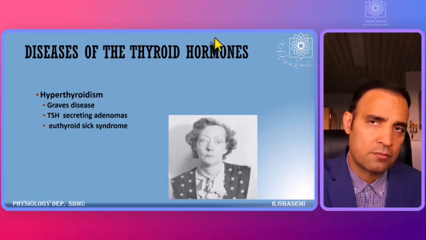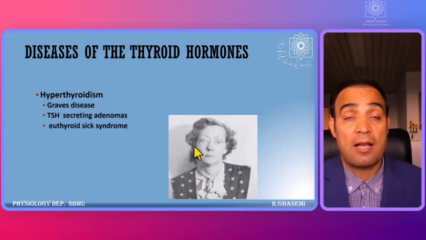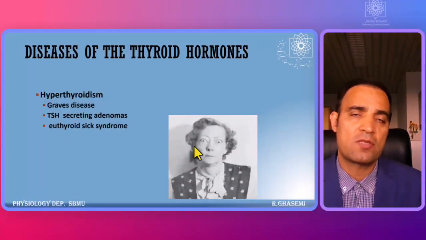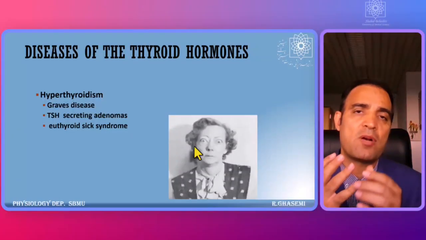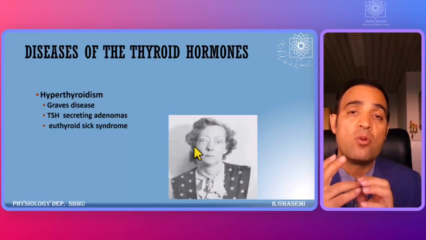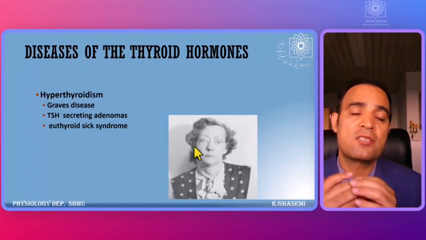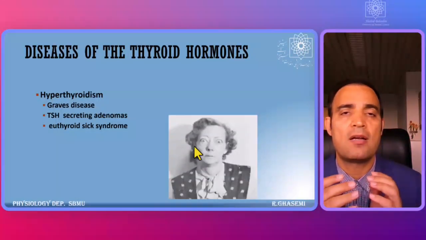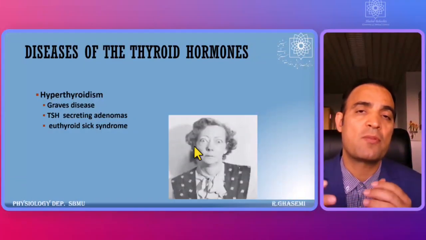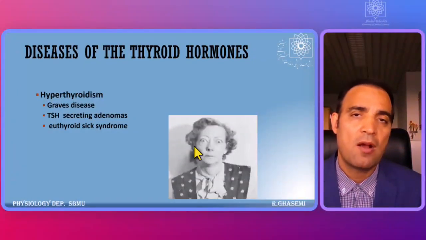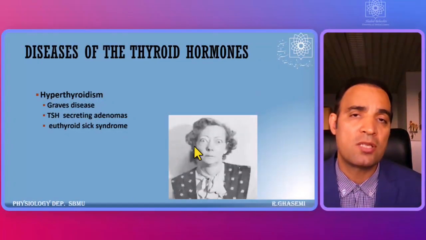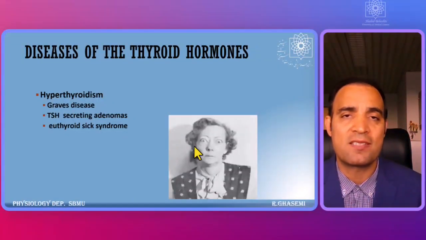By this slide, all the effects that I told you about hyperthyroidism, such as the effect on muscle, where we have atrophied muscle, weight loss, increased neuronal activity, the problem in the neuronal system, the problem in the endocrine system, all will be seen in the hyperthyroidism person or Graves' disease.